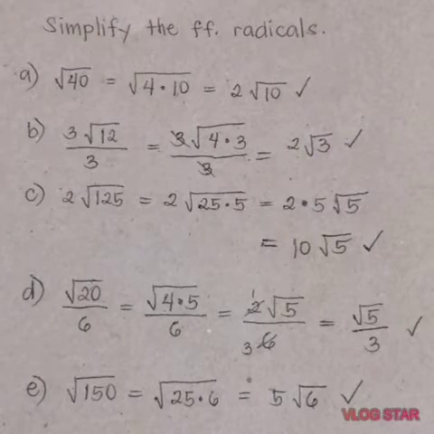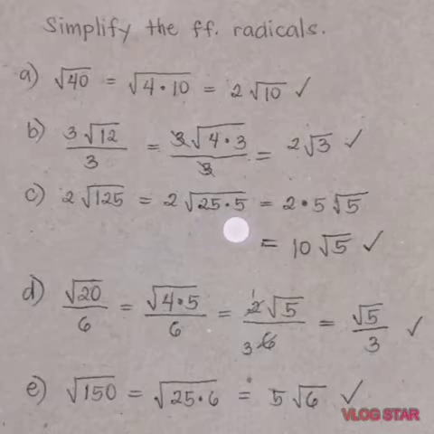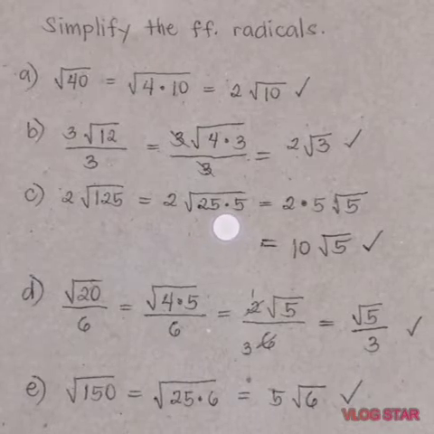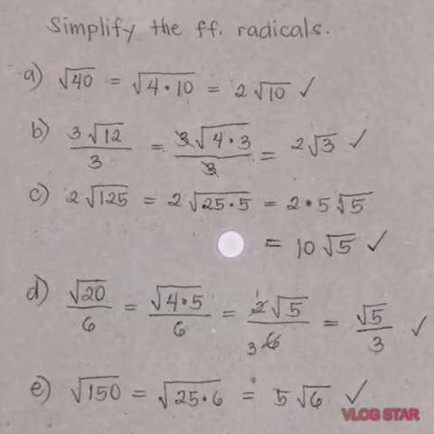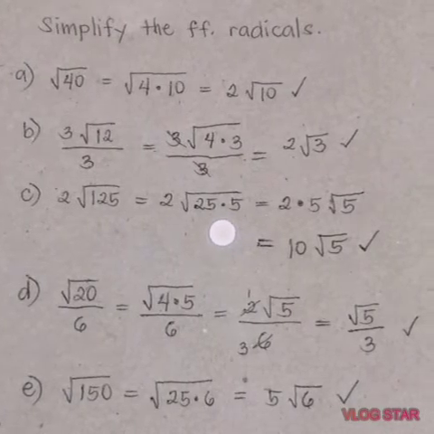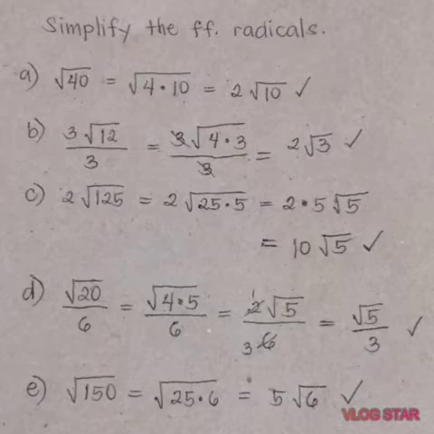Okay? Next, 2 square root of 125 equals, so copy 2. And then, the factors of 125, of which one is a perfect square, is 25. So 25 and 5. If you multiply that, it will give you 125. So the square root of 25 is 5.